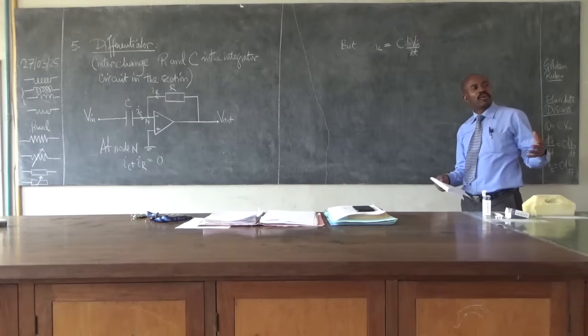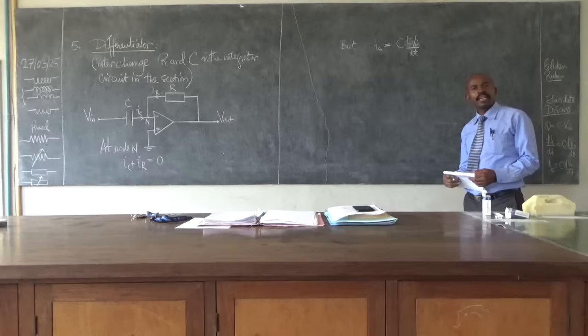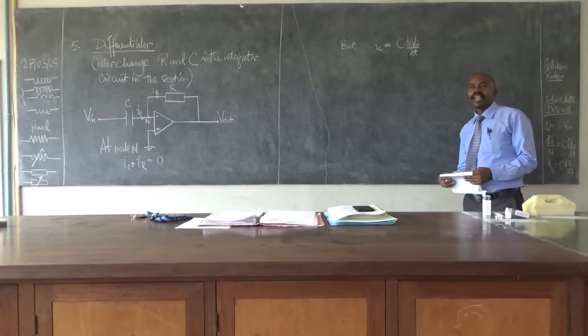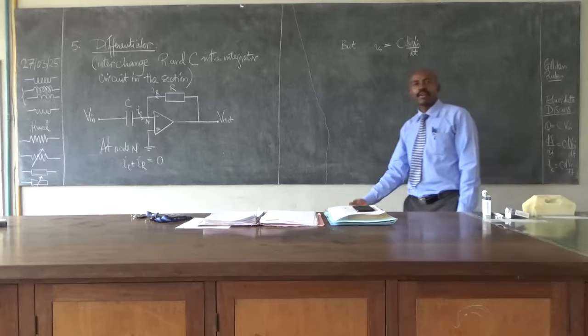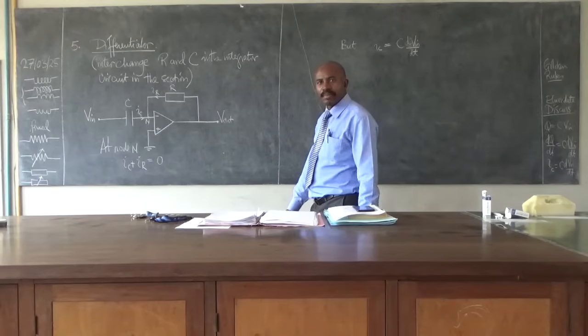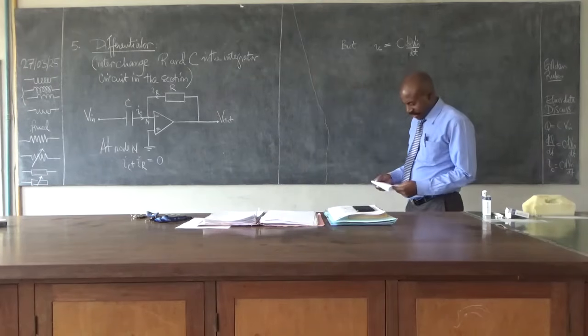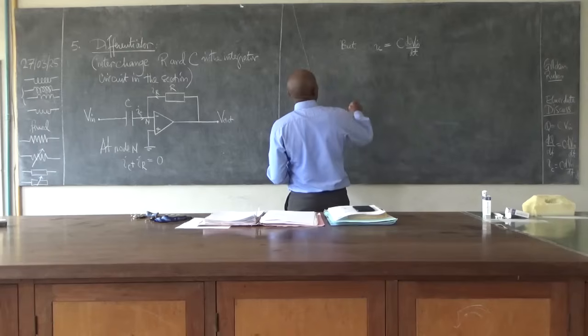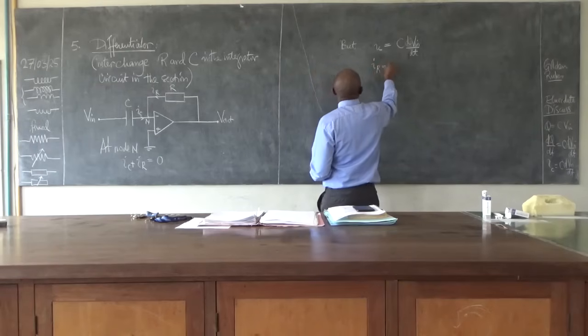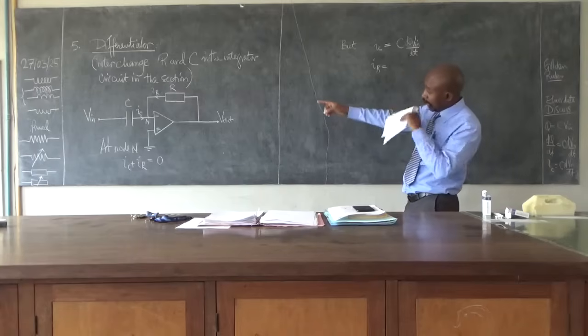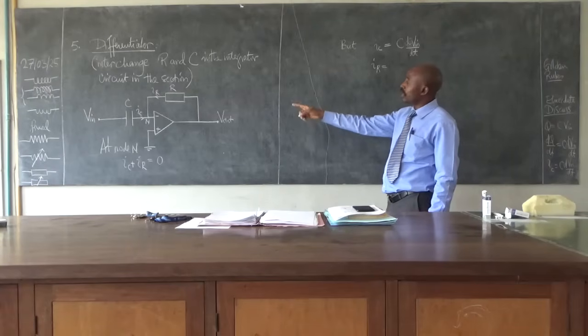Is it because there is no operational amplifier in any of the experiments? Is it the one operational amplifier, or the amplifiers we did in common emitter, common collector, and common base? No idea.